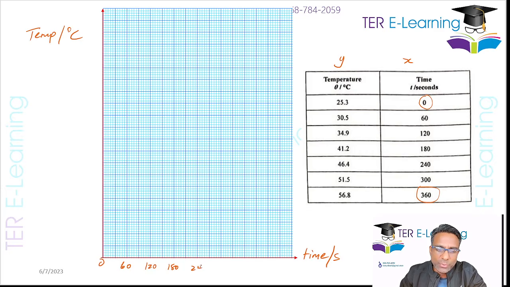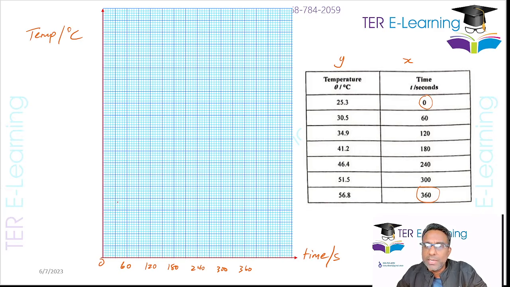I generally don't like a scale like this, but because the time intervals are increasing by equal amounts of 60, we can go ahead and do that. So that's 240. This here is going to be 300, and then the last one here is going to be 360, right? So that's going to be my scale here. I'm going to use 2 cm to represent 60 seconds, right?